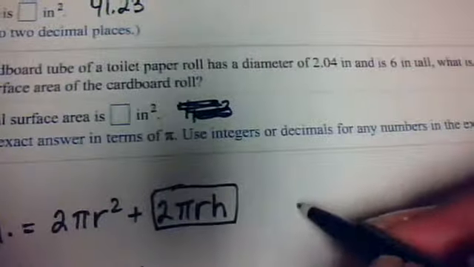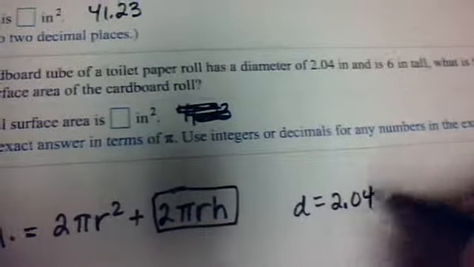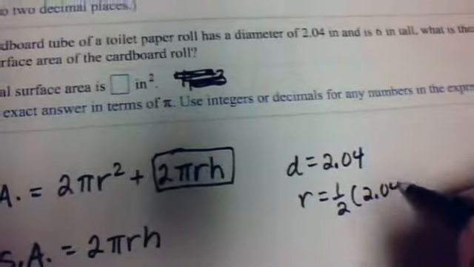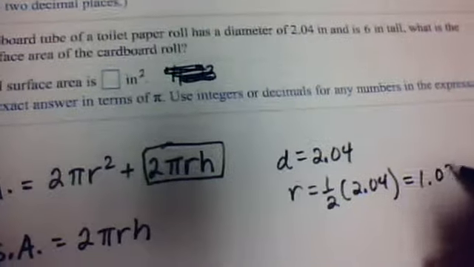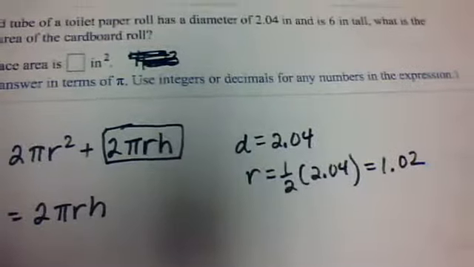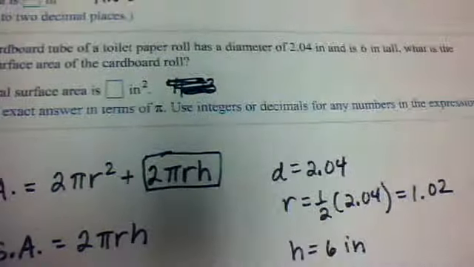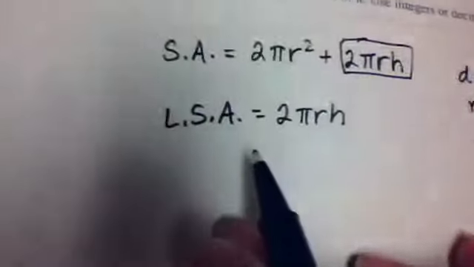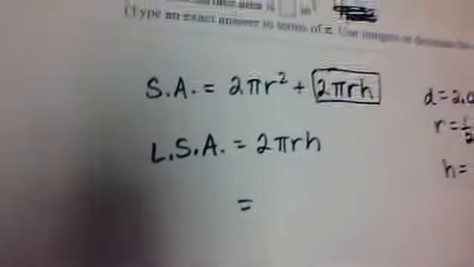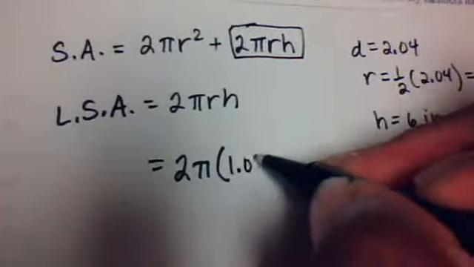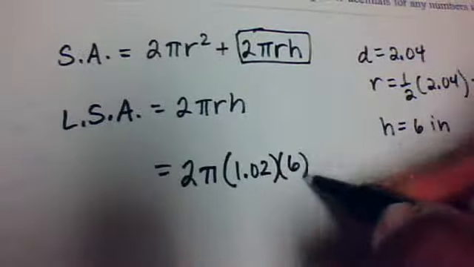Okay, now in the problem we're told that the diameter was 2.04 inches. So that means that the radius will have to be 1/2 of 2.04, which would be 1.02. So the radius is 1.02 inches, and we're told that the height is 6 inches. So we'll use that in this lateral surface area formula, which will be 2 pi times r, which is 1.02, times the height, which is 6.